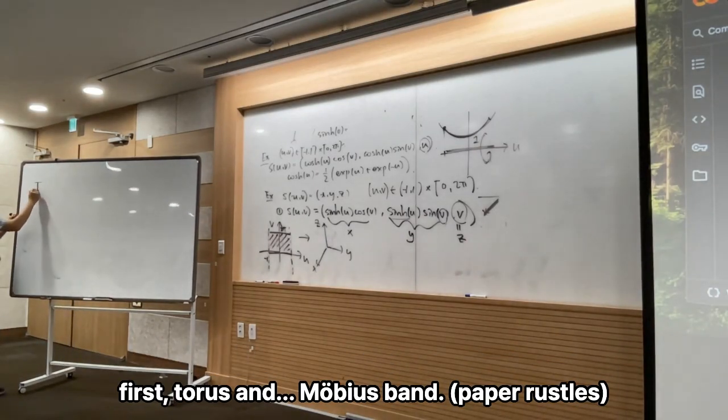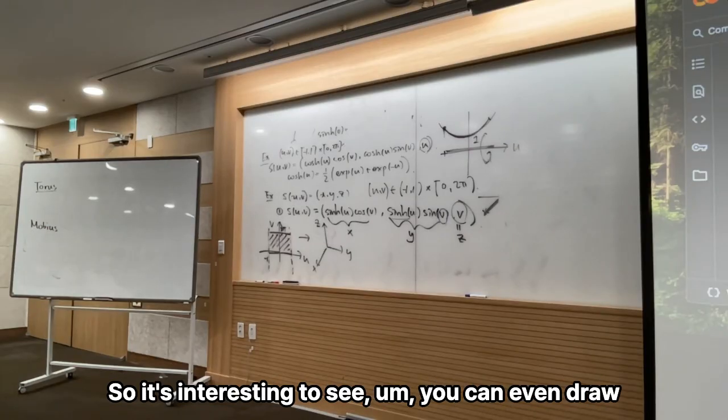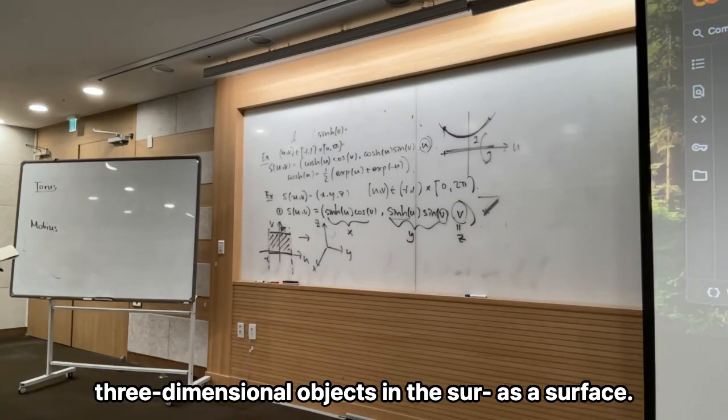So first, torus and Möbius band. It's interesting to see you can even draw 3-dimensional objects as a surface.